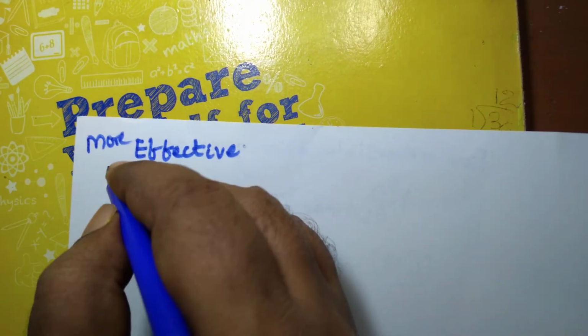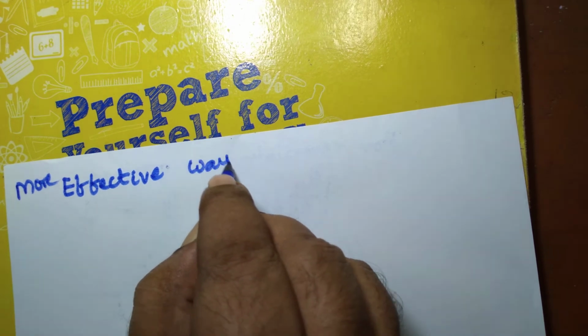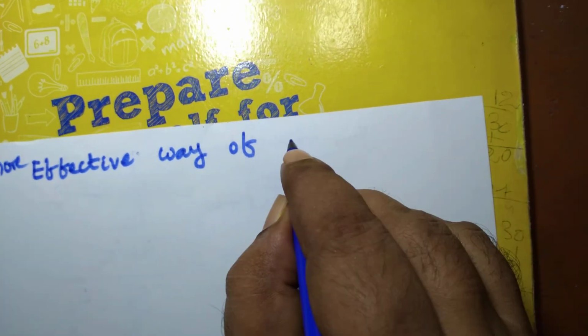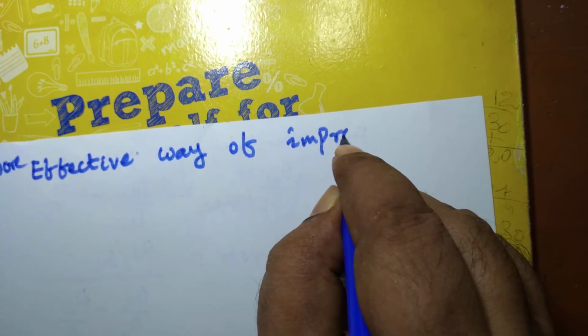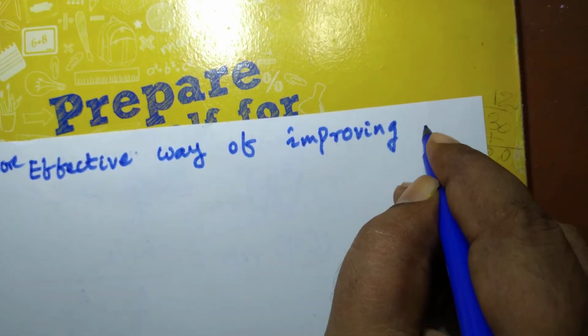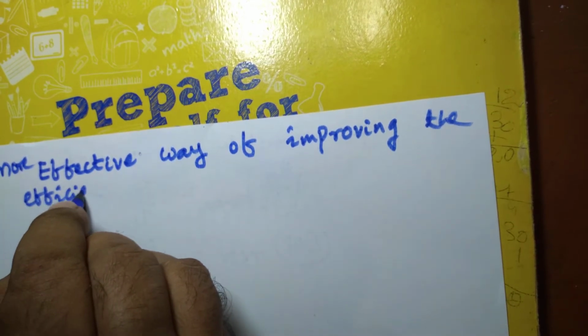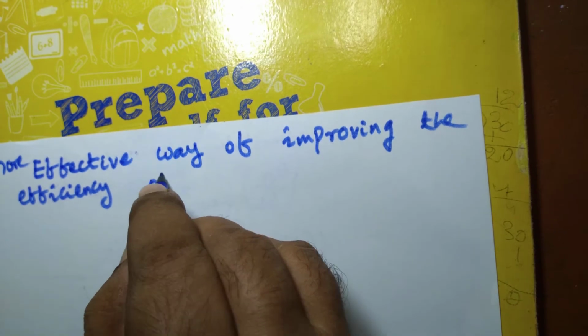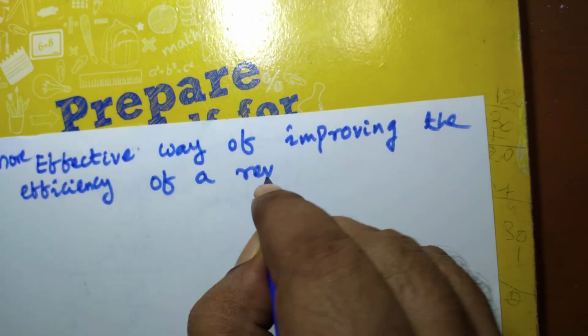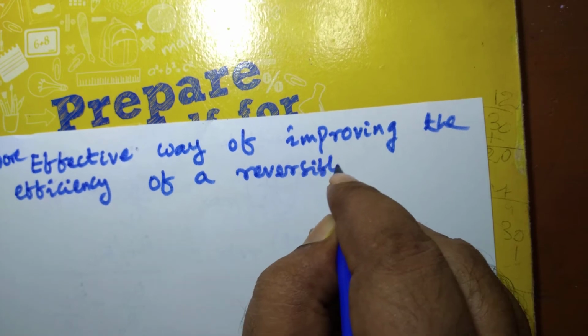Next is like this: what is a more effective way of improving the efficiency of a reversible heat engine?